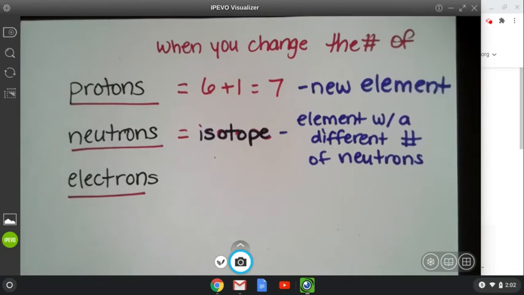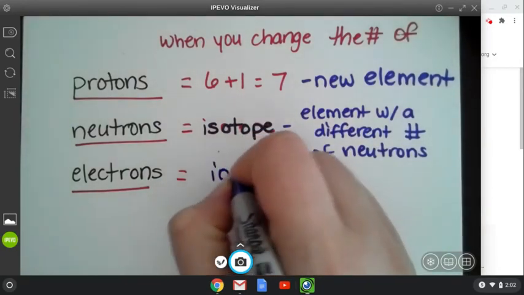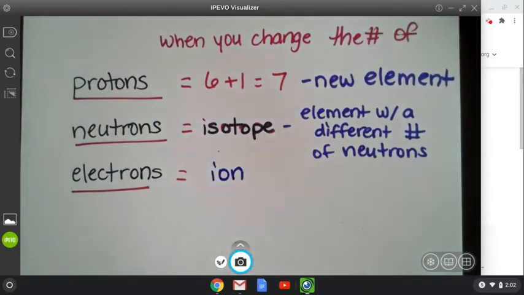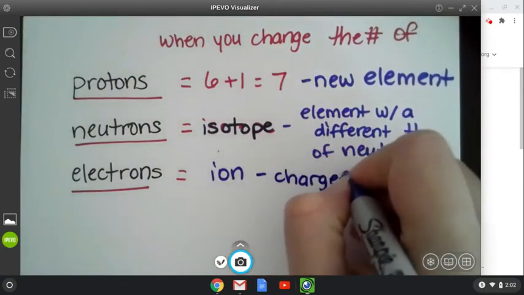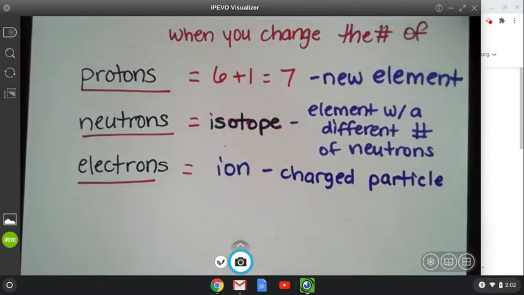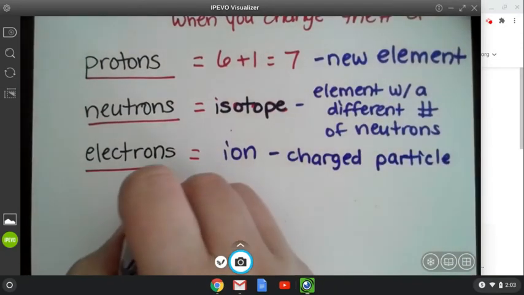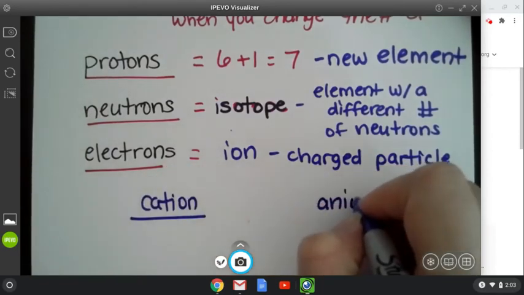So electrons. If you change the number of electrons, you actually end up with an ion. An ion is a charged particle. In your notes, there are two types of ions. We have cation and anion.